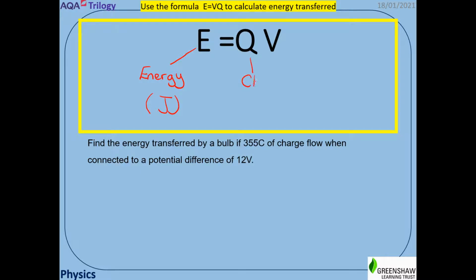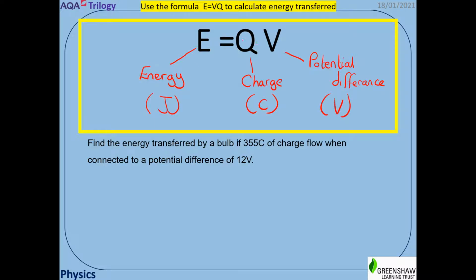Q is charge, and this has the units of coulombs. V is potential difference, and this has the units of volts.